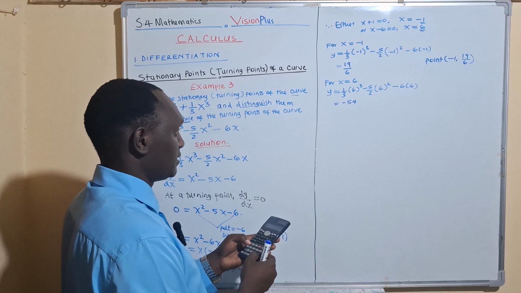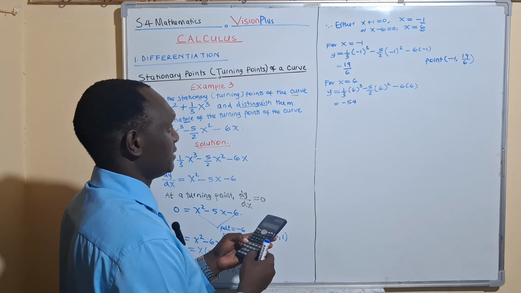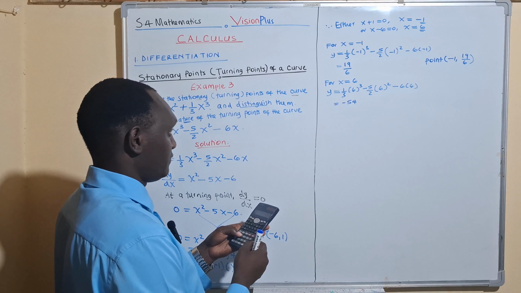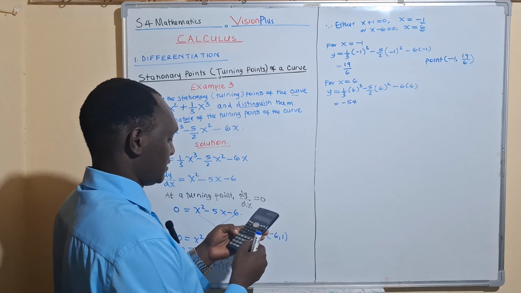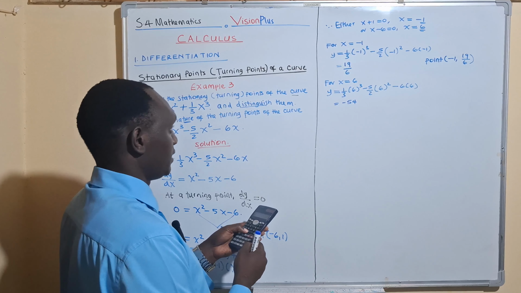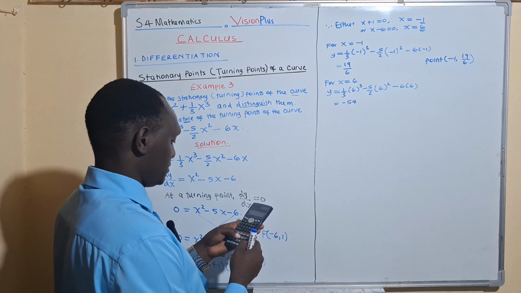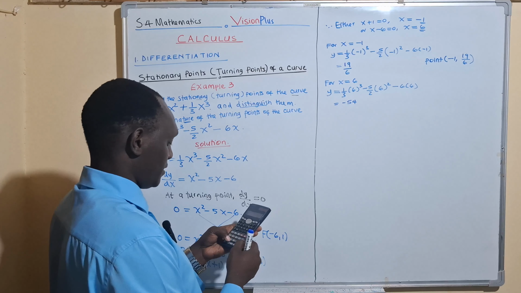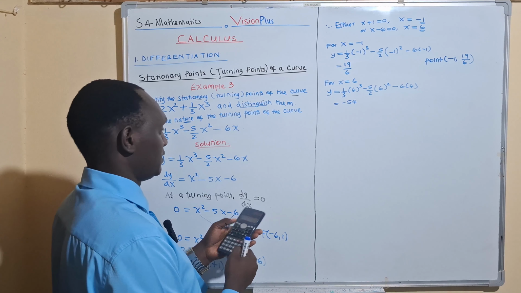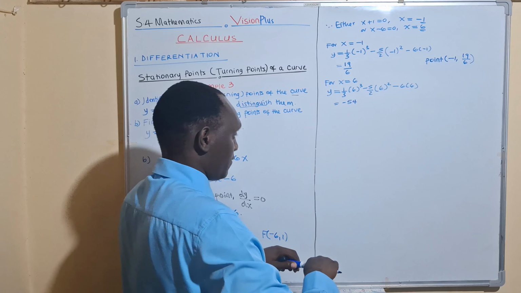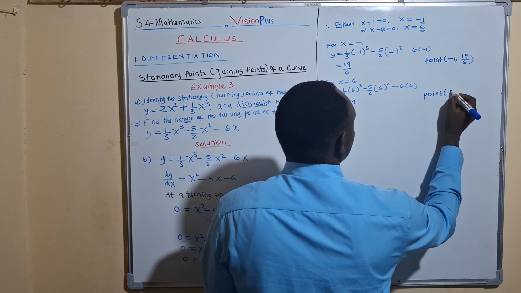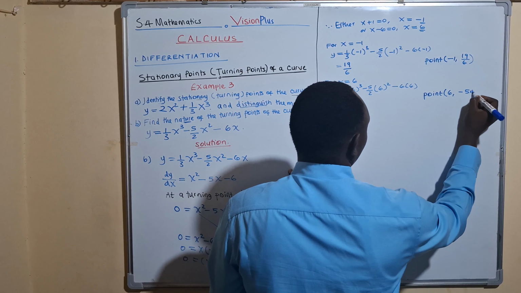Yes, I'm getting negative 54. Therefore the second turning point is 6, negative 54.